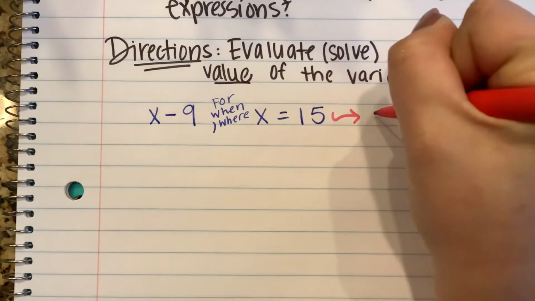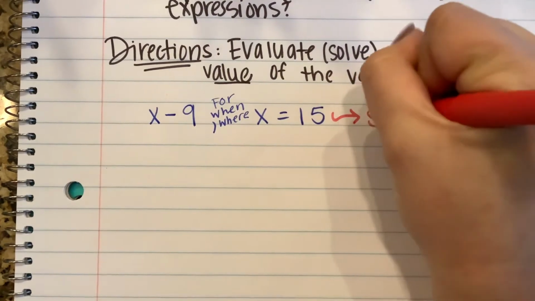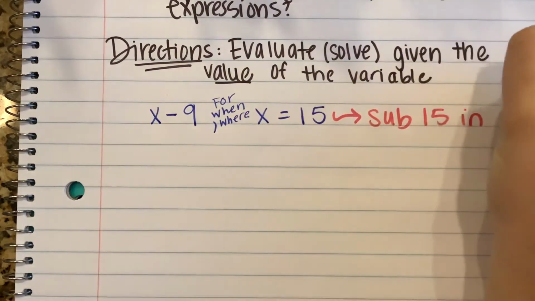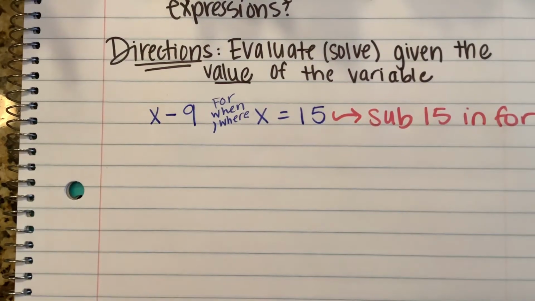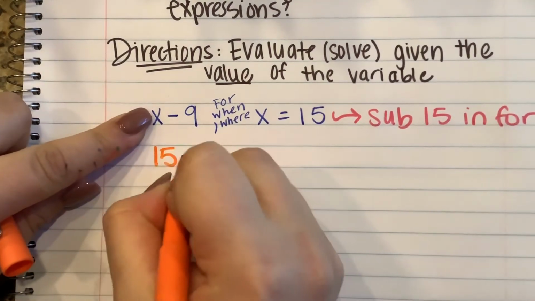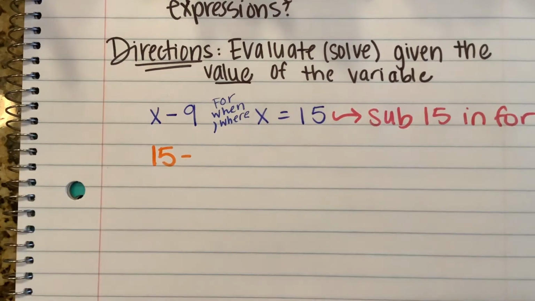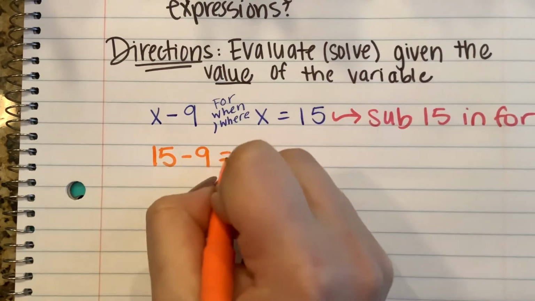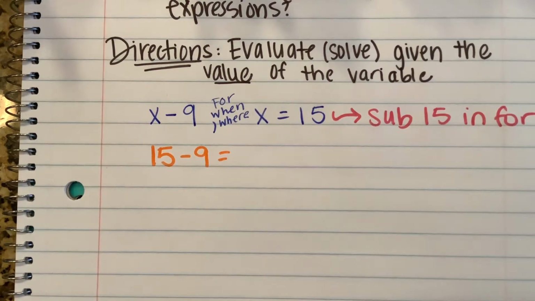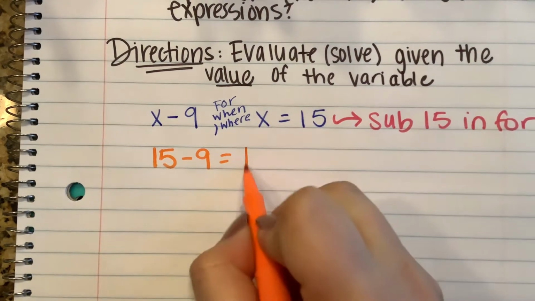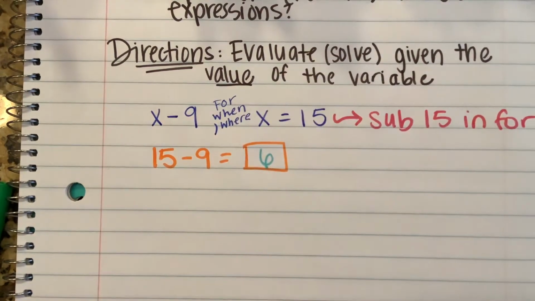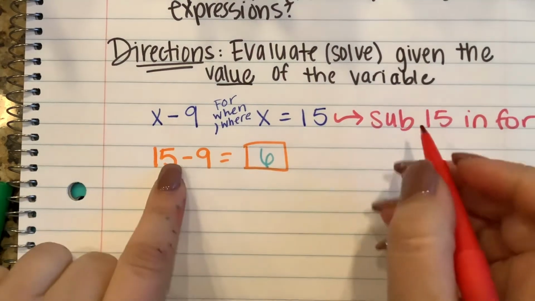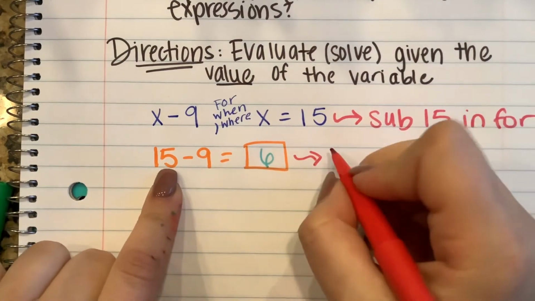We're taking that 15 and subbing it in for x, and I'm keeping my minus 9 the same. So now I'm just taking 15 minus 9, and I get my answer of 6.